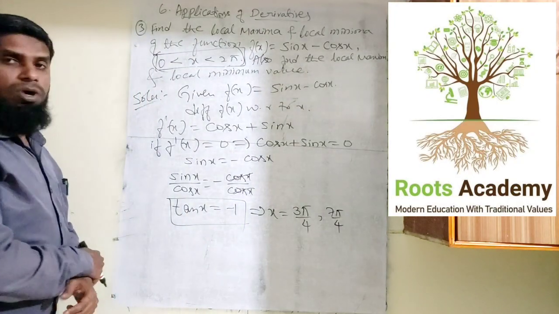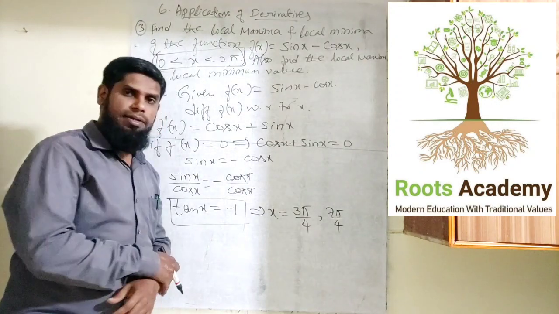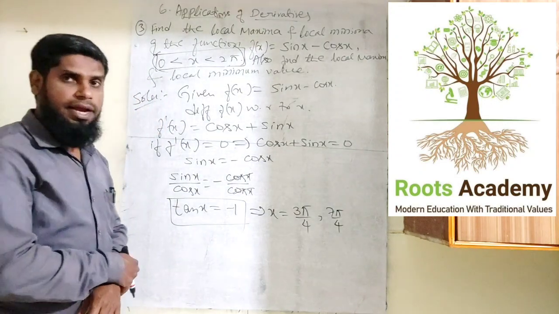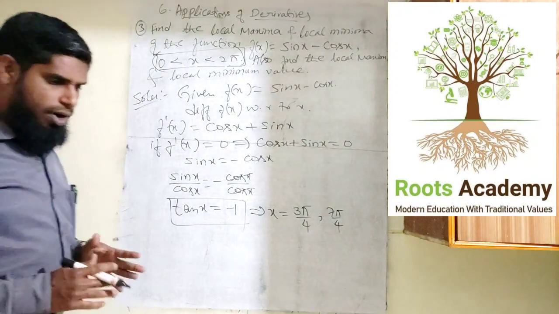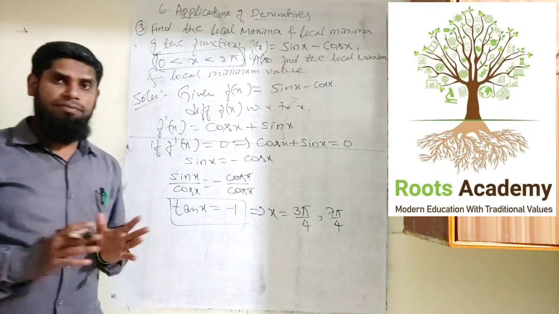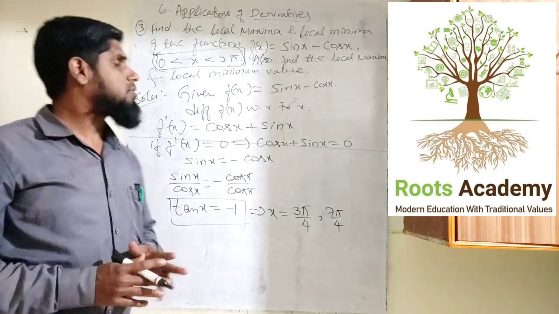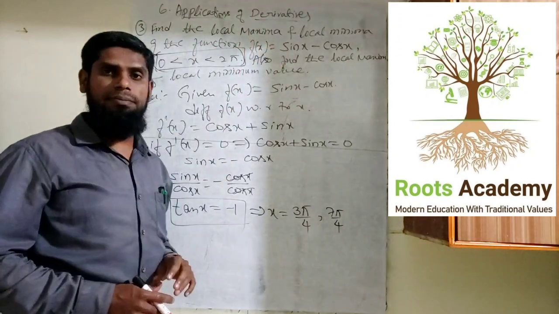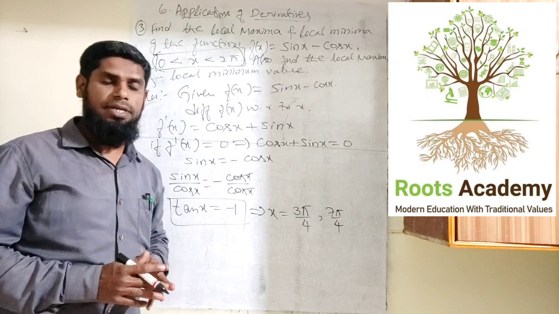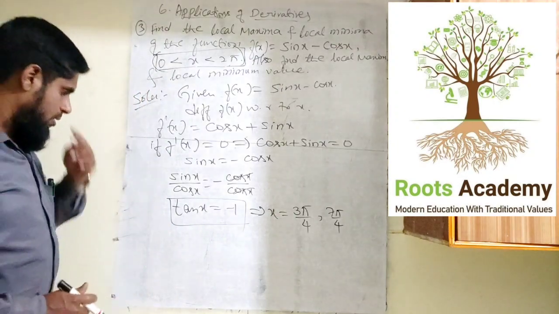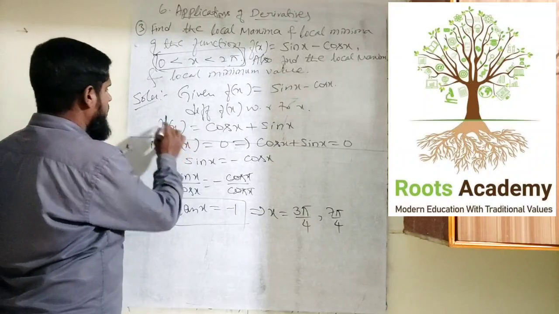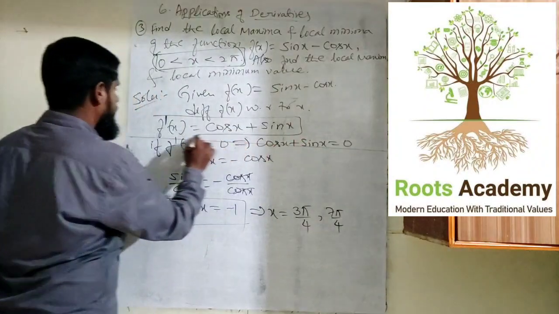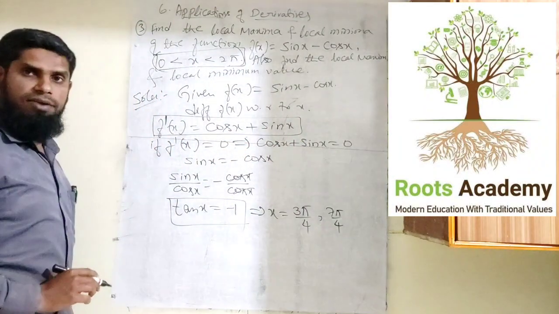But student, before I go to that, let me apply the second derivative test here. Whenever you get a problem on local maximum and local minimum, better you go for the second derivative test. The first derivative is already here, and with this we can easily take the second derivative.